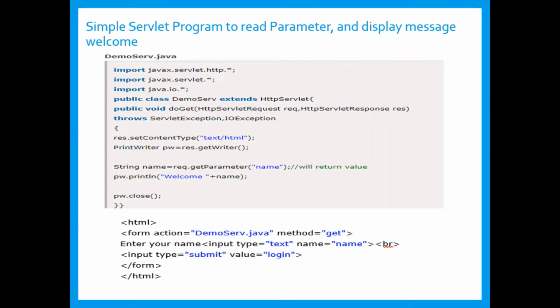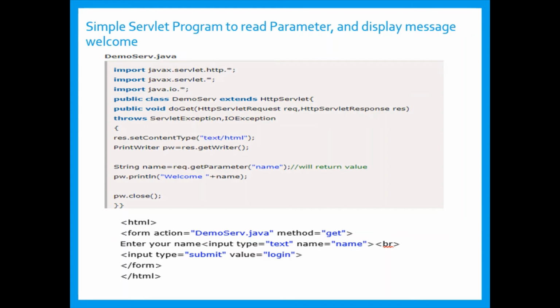The getParameter method takes the value from the client. The getParameter method has one argument of type string, that is the name of the parameter or the name of the text field. In the HTML code, we will see the name of the text field is name.